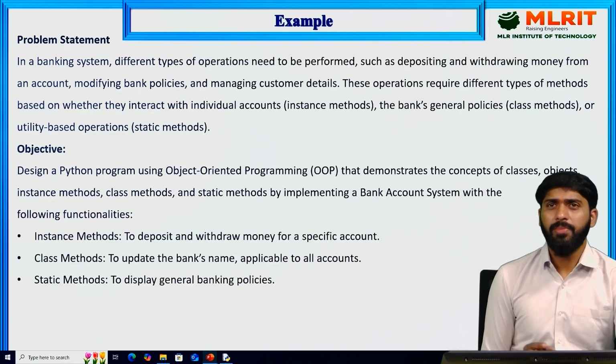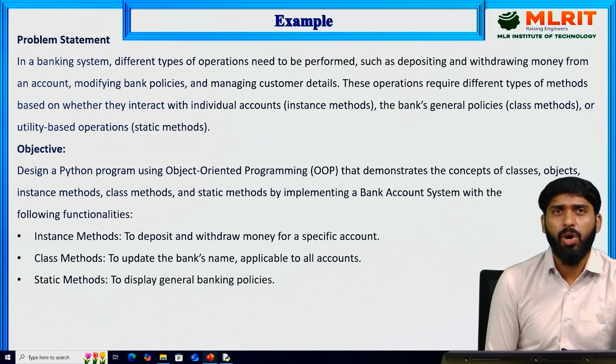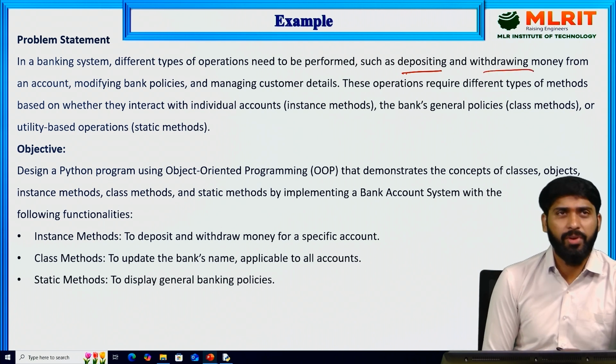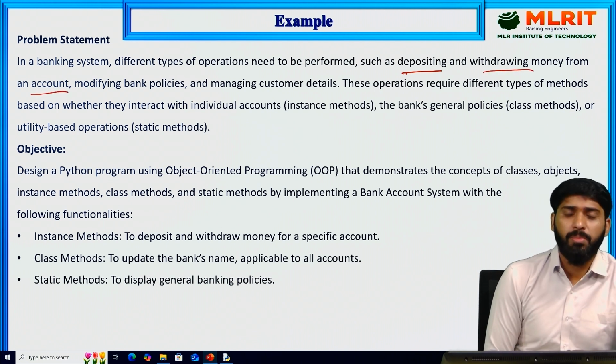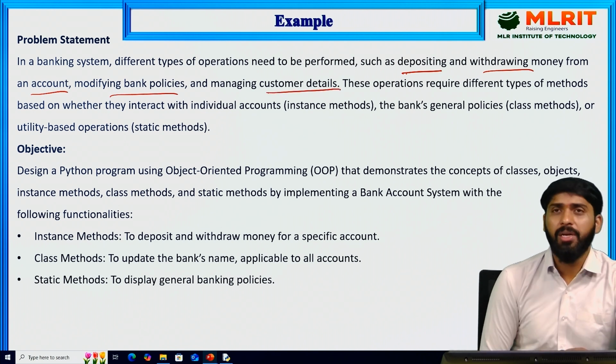So, problem statement. In a banking system, different types of operations need to be performed, such as depositing and withdrawing money from an account, modifying banking policies and managing customer details.